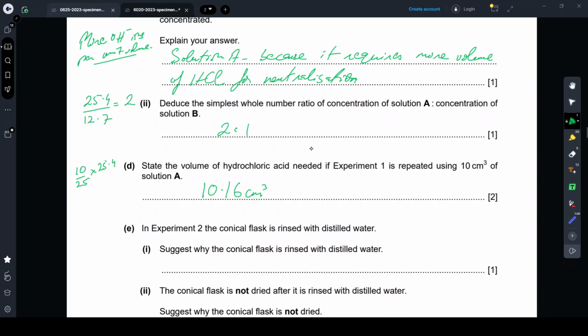Okay, so basically, you needed 25.4 centimeter cube HCl for 25 centimeter cube of NaOH. So what you do is, how much is 1 centimeter cube NaOH? For that, you do 25.4 divided by 25. That's HCl and that's NaOH. And then you multiply it by 10. So that's for 10 centimeters, and you get this answer.